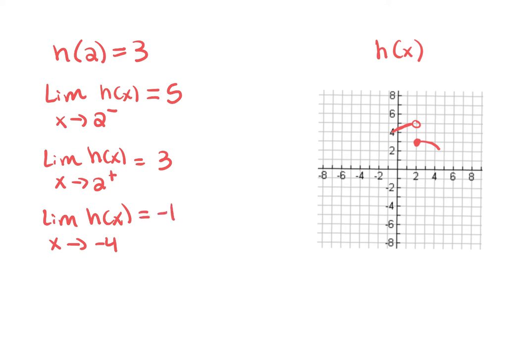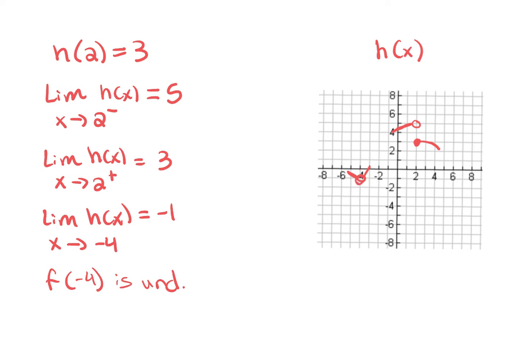So as I'm approaching -4, it equals -1. So that means it has to approach from both sides. So at -4, -1, I'm just going to do an open circle here. I know it has to approach from both sides. Let's say that f of -4 is undefined. So I'm going to leave that as an open circle.